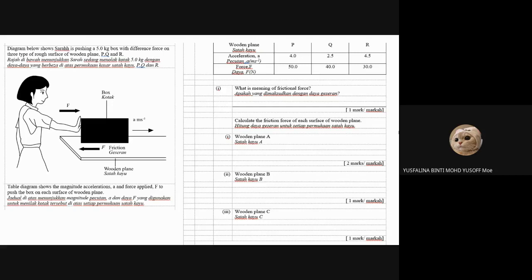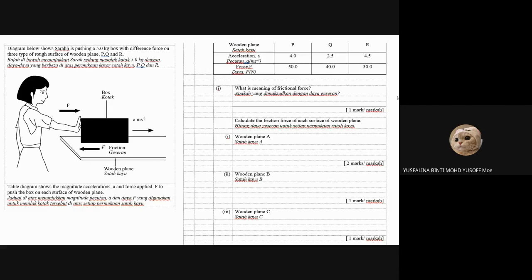Okay, so let's see your answers here. Force that resists motion when the surface of one object comes in contact with the surface of another. A force that occurs when two different surfaces come in contact when moving in opposite direction.